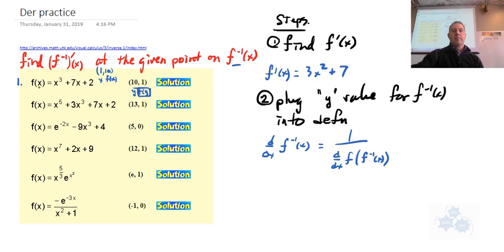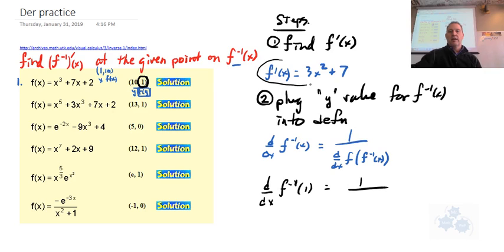The neat thing is we can skip right to the derivative of the inverse, evaluated at 1. This is the value of 1 that I need. So it's 1 over the derivative of f of x, which is 3x squared plus 7. But what do I put in here? Again, I put in 1.